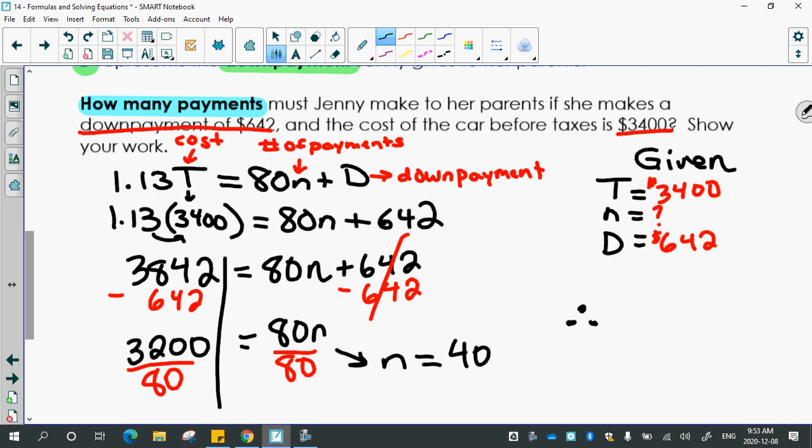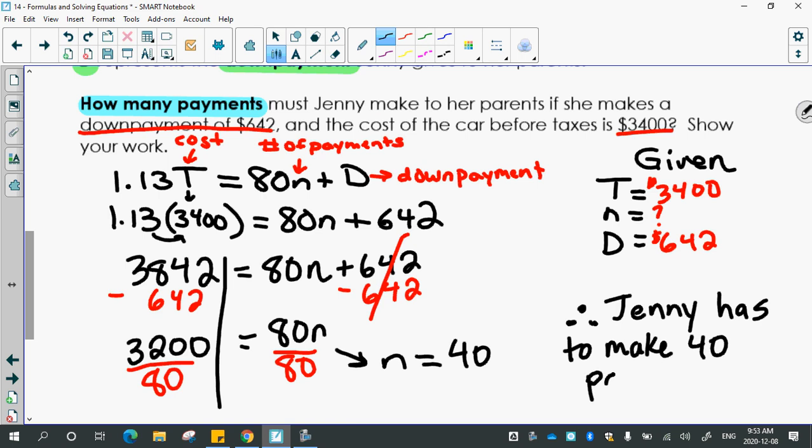So therefore, Jenny has to make 40 payments. So always make sure in your therefore statement that you answer the question they ask. So how many payments must Jenny make to her parents? That's got to be your answer. Therefore, Jenny has to make 40 payments.